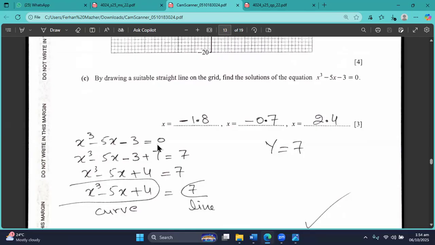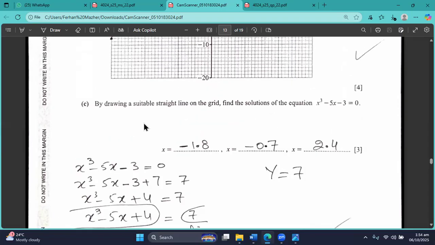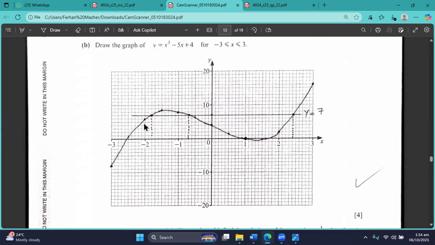So on both sides, add 7 to make plus 4 on this side. So x cubed minus 5x minus 3 plus 7 equals 0 plus 7. Why did I do this? I want to get plus 4 here. So x cubed minus 5x plus 4.